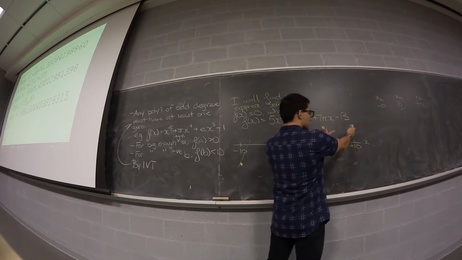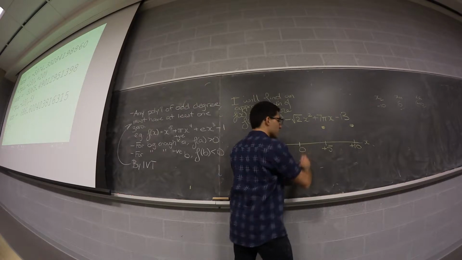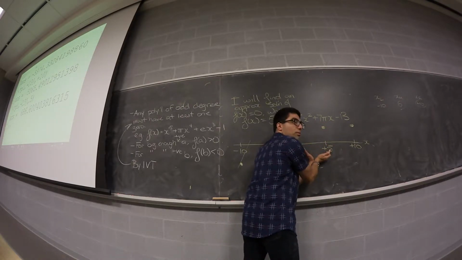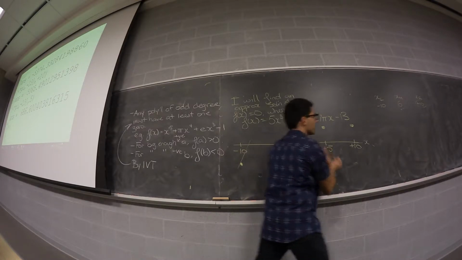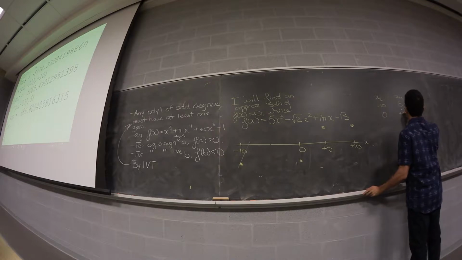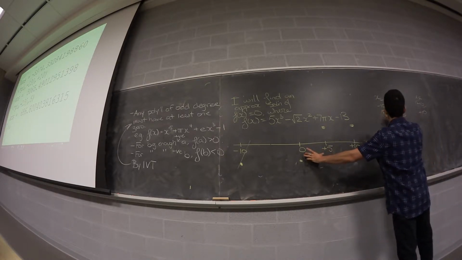These guys are the same sign, so we're not guaranteed a 0 there. These guys are opposite signs, it's got to cross somewhere. So we've narrowed down to between 0 and 5. I've got to have a solution between 0 and 5. So now we have 0, 5, and 10, and I'm saying we're guaranteed a 0 between 0 and 5.